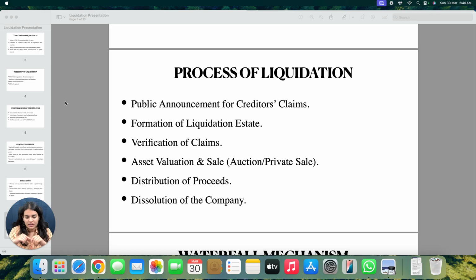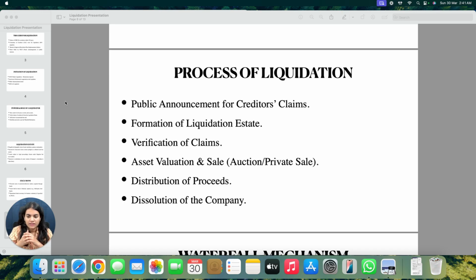Asset sale can happen either as a parcel, in a slump sale, as a going concern, or as a unit, or as an individual asset.